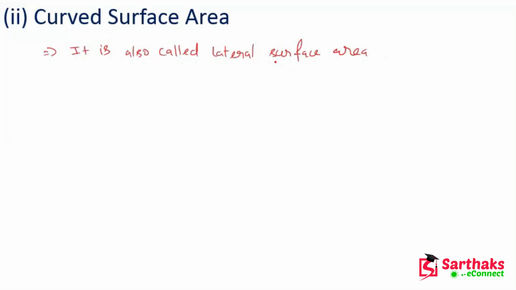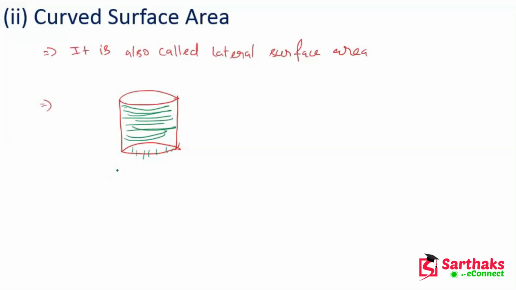Now let's suppose again we have a cylinder like this. Curved surface area includes only the curved part. Here we are excluding the base, which means we are not considering the top and bottom. So this is the curved surface area or lateral surface area.